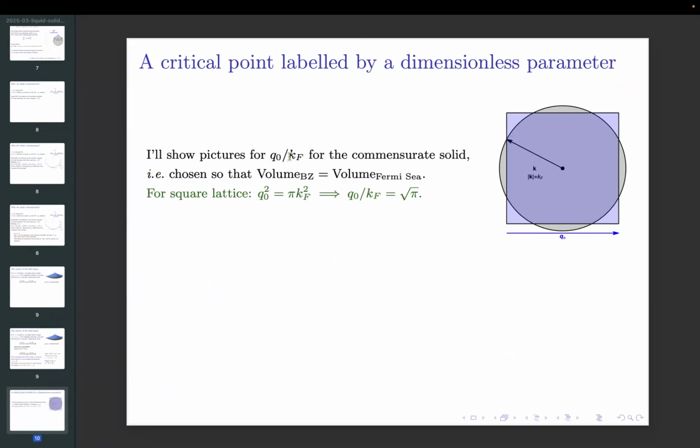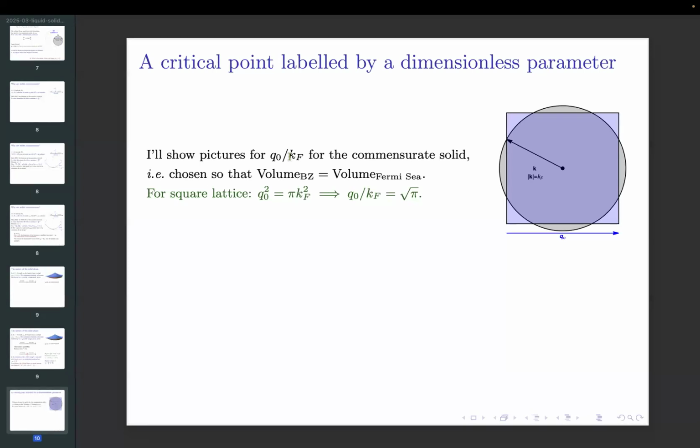That's the condition that the volume of the Brillouin zone is equal to the volume of the Fermi sea, which is the condition for what's called squaring the circle, right? This is something that's famously impossible to do with a straight edge and compass. Actually this was the initial title of our paper, squaring the circle, because what we were trying to do seems similarly impossible. But unfortunately, we think that Q naught over Kf is actually not fixed to this value.